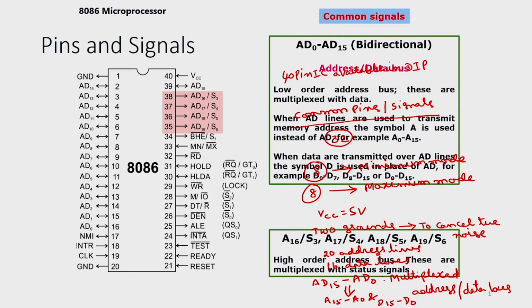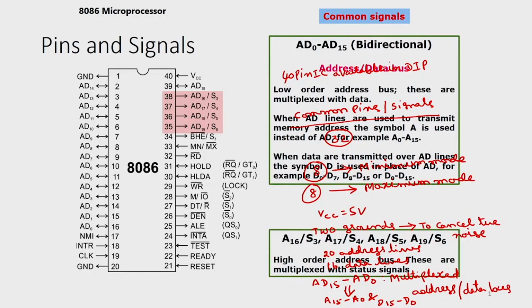Among oscillators we have the Colpitts oscillator and the Hartley oscillator, but normally for the microprocessor we use the crystal oscillator because of its stability. Crystal oscillators are more stable. So by using an external crystal oscillator we generate the clock frequency of the 8086, which is 5 megahertz for the standard 8086, and 8 megahertz and 10 megahertz for the different versions. Externally you have to generate a clock signal using a crystal oscillator.